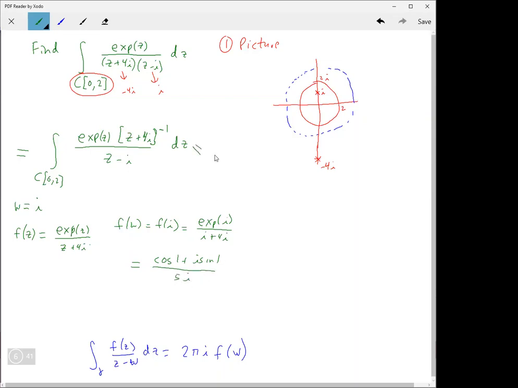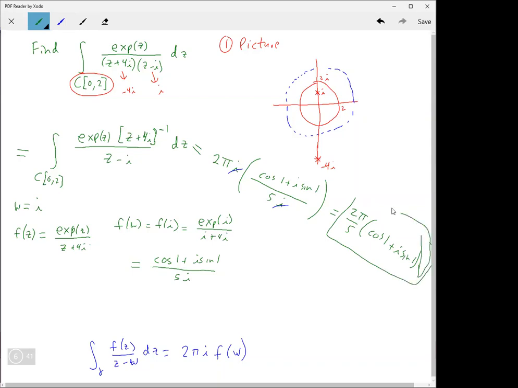Okay, so this is going to be 2 pi i times all that. Well, at least the i's cancel, right? Yay. I'm glad those got out of the way. So 2 pi over 5 times cosine 1 plus i sine 1.